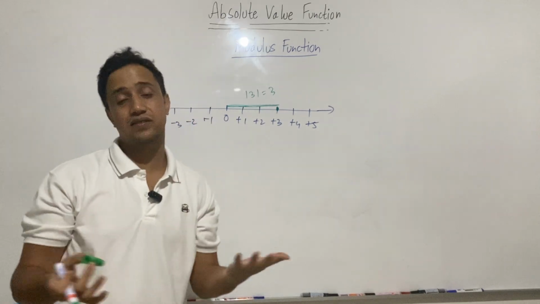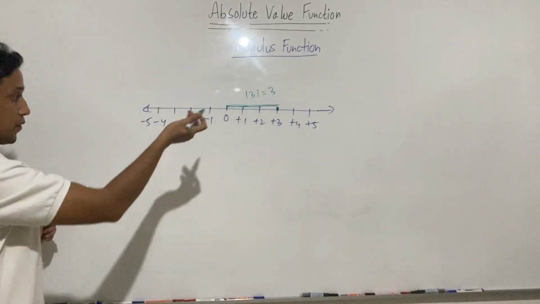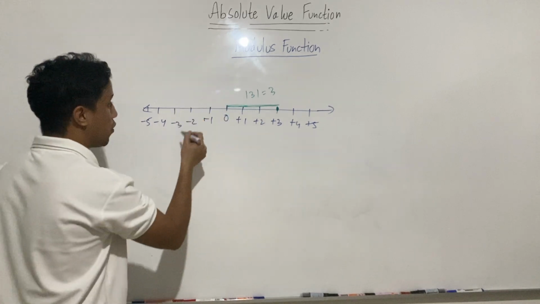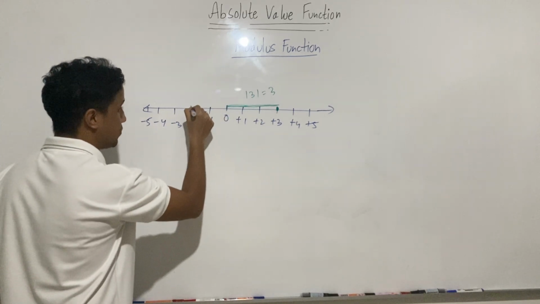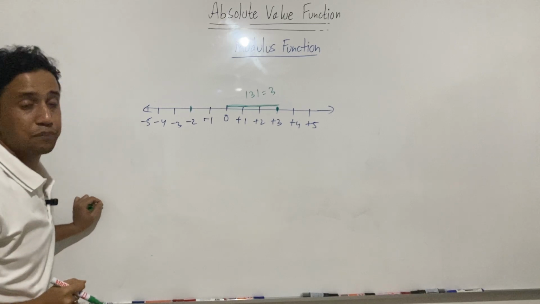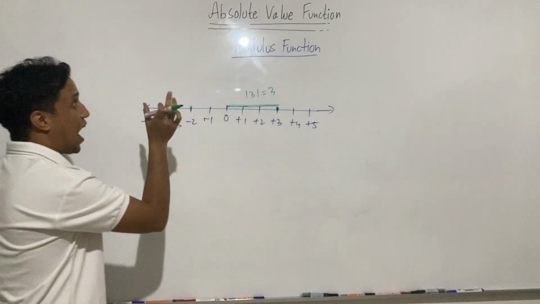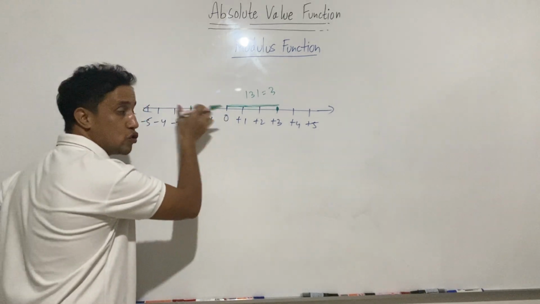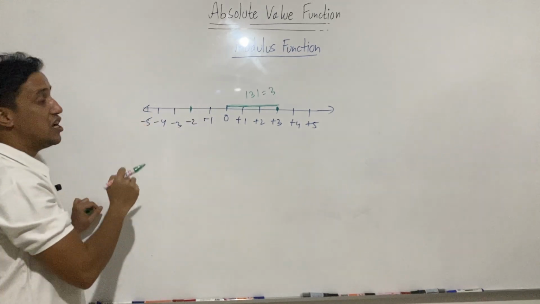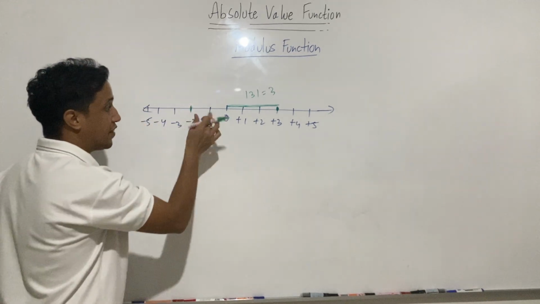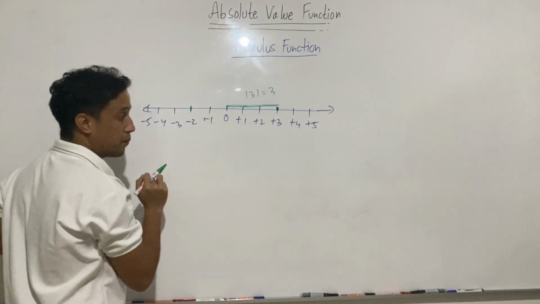Then in that case, there is no problem. For example, if my point is here, at minus 2, and I have to find the absolute value of this point, I have to find the distance of this point from the origin.